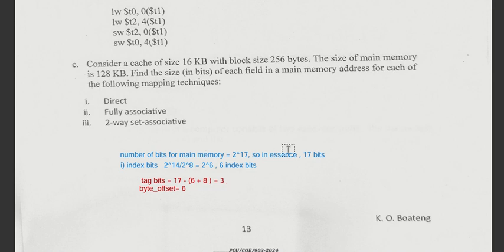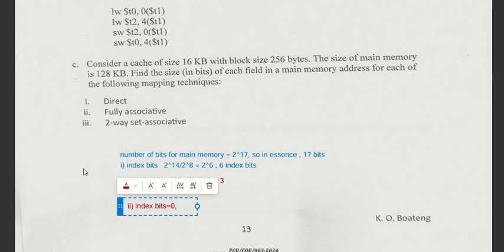Now for fully associative, let me do it here. For fully associative, nothing much changes, but one thing you should know is that we don't use any index bits. Why? We are trying to search through the whole space anyway, so why use an index bit? So for fully associative, the index bit is 0.